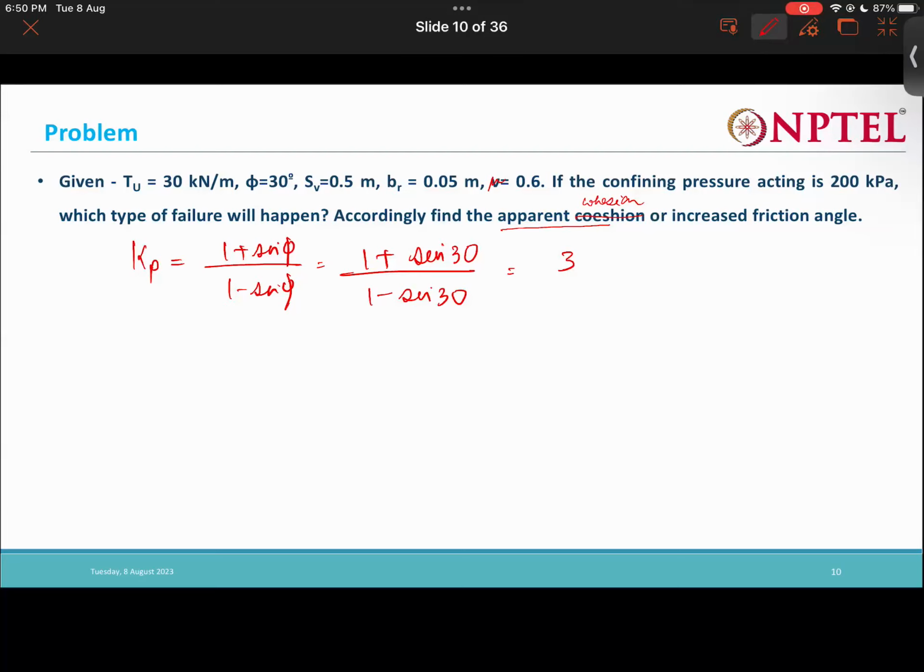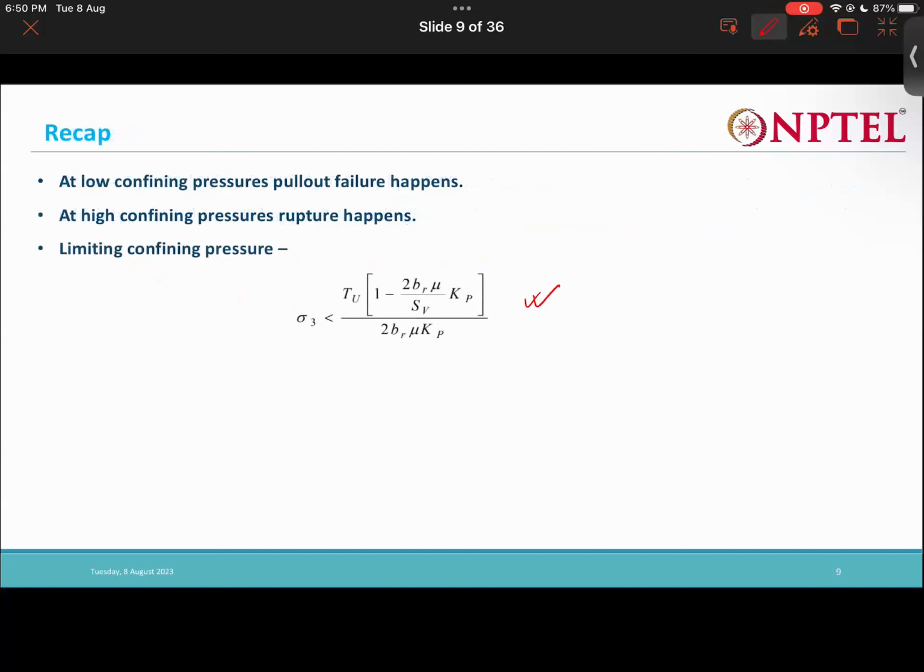You have to compare only with the TU and RP. Forget about RP. What is the other thing? Just now we have studied that. RP we cannot determine here, right? Then we studied this, right?